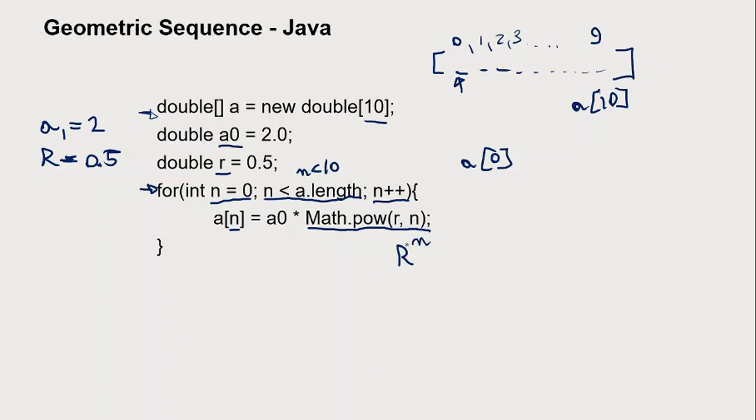So effectively we are ending up with r to the n. Now you will notice that what we are doing here is taking the first value, multiplied with the ratio to the power of n. Now, not n minus 1 as the previous formula suggested, but this is perfectly fine because of that switch which we did. So we switched indices. We are not starting at 1, we are starting at 0.